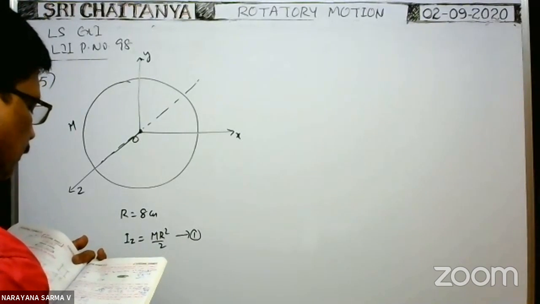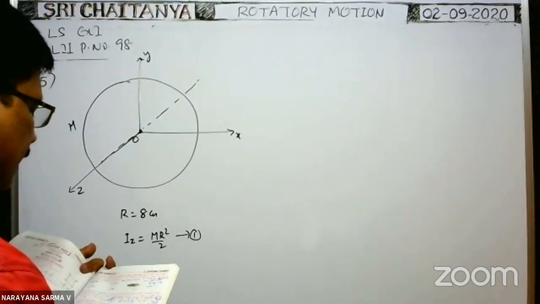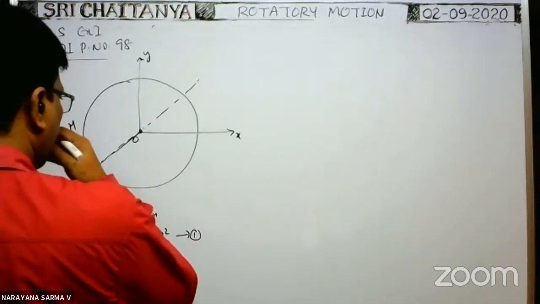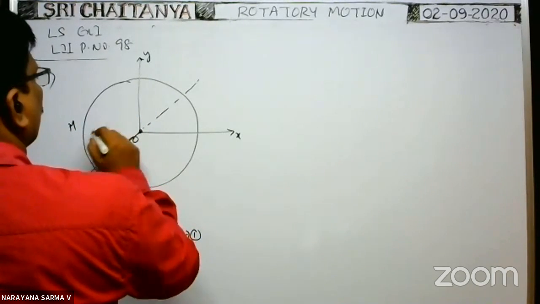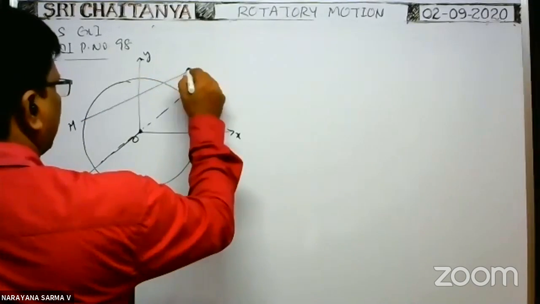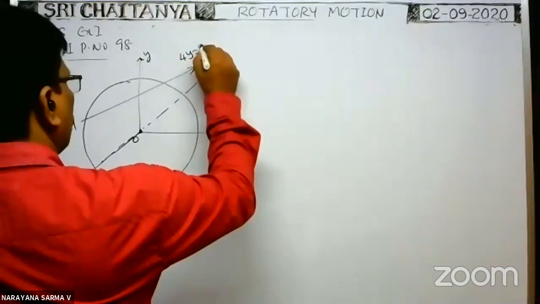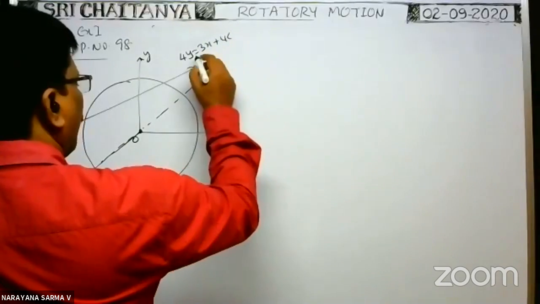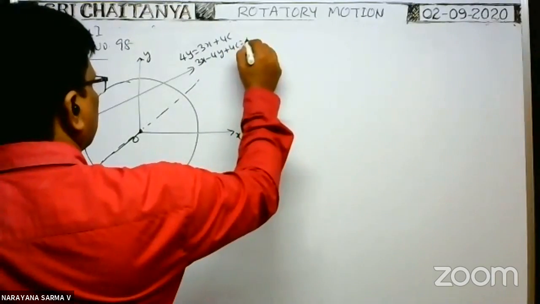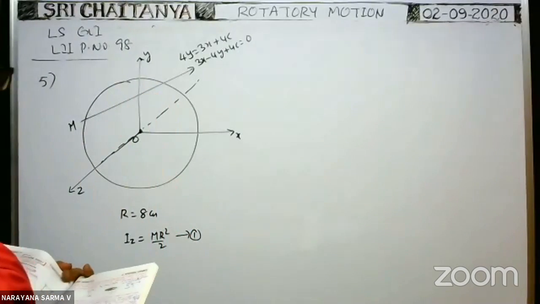That is one straight line, and it lies in the xy plane only. 4y is equal to 3x plus 4c, or 3x minus 4y plus 4c is equal to 0, of the form ax plus by plus c is equal to 0, a straight line equation.